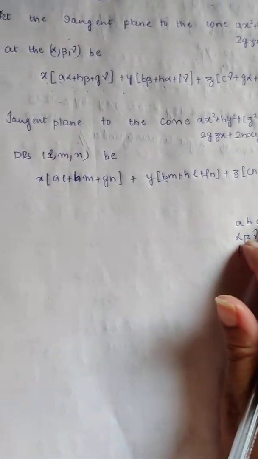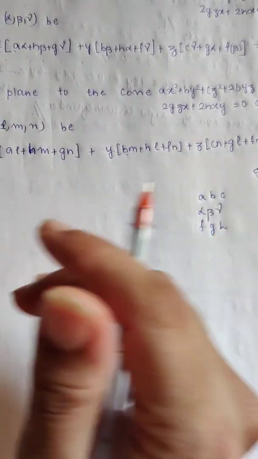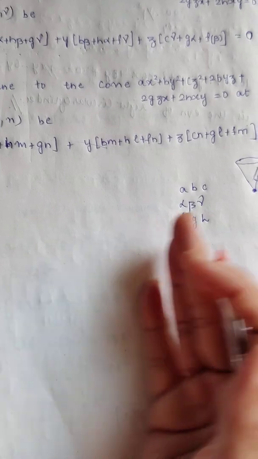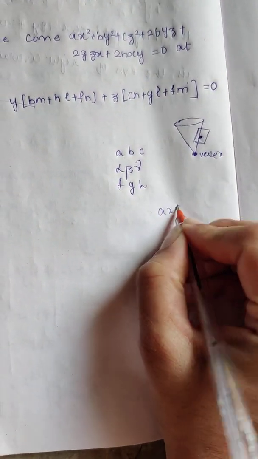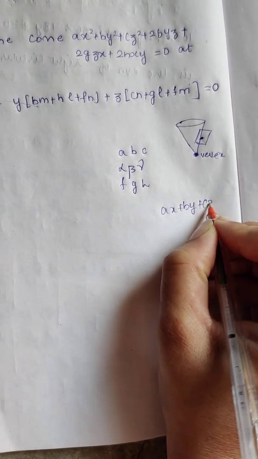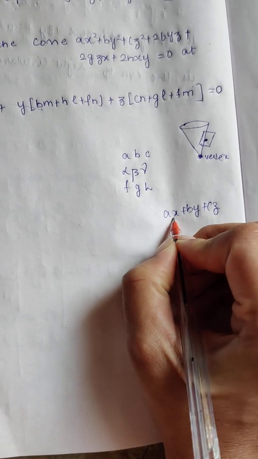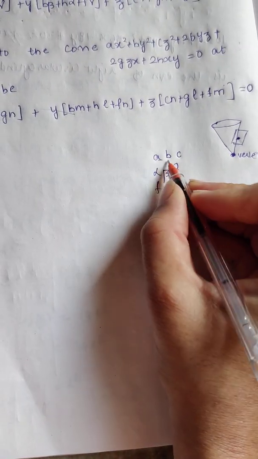And how will you remember this, girls? Because the plane is always in the form of AX plus BY plus CZ. It's an equation of the plane, so remember that you have a multiple of X, multiple of Y, multiple of Z. So X, and then you have ABC, so I'm going to keep my ABC on the top.